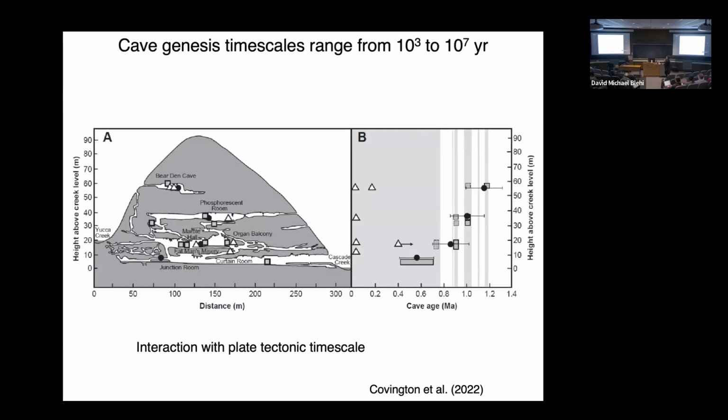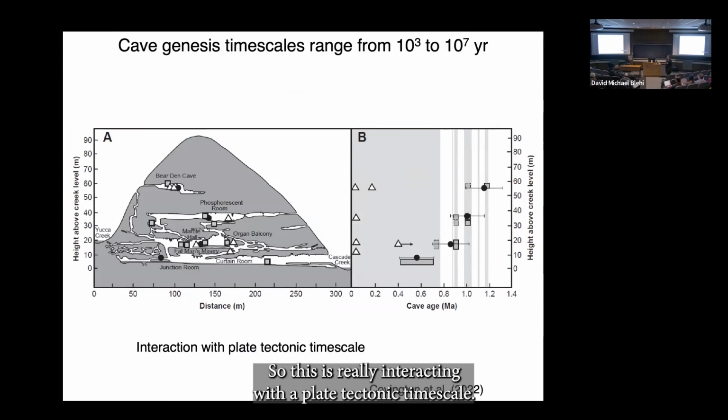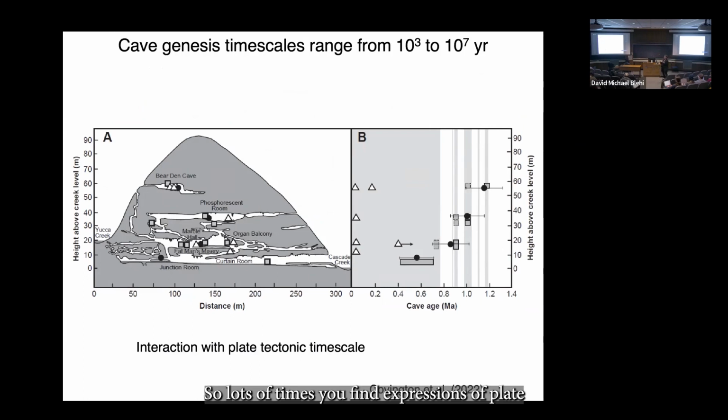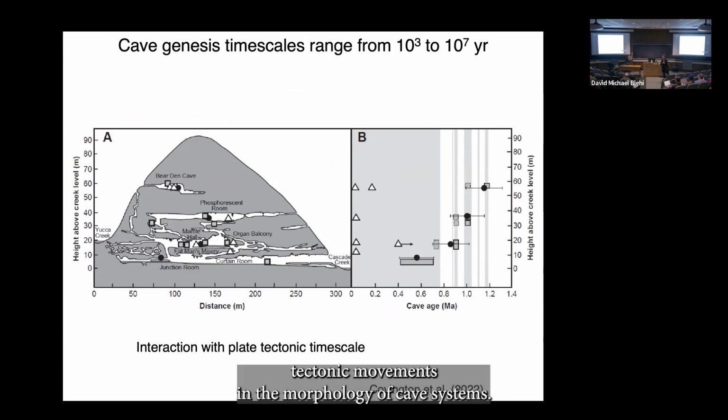So here's an example that shows what the time scale for cave formation is. So something between 1,000 and 10 million years. So this is really interacting with the plate tectonic time scale. So lots of times you find expressions of plate tectonic movements in the morphology of cave systems.